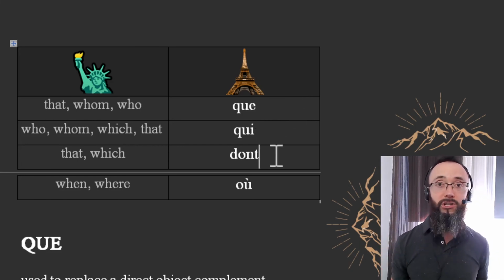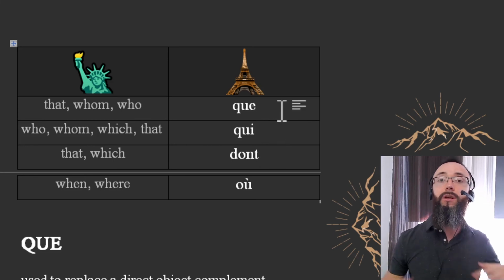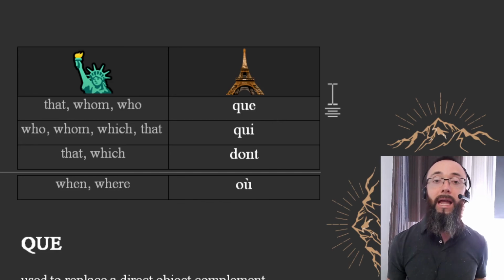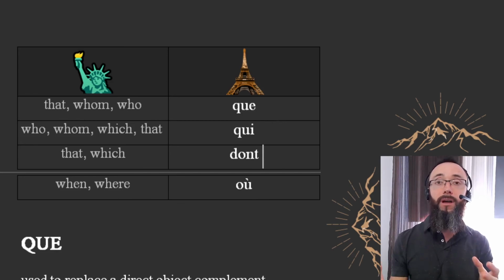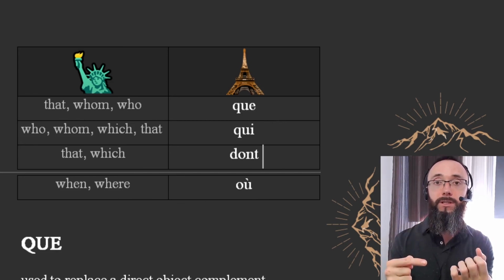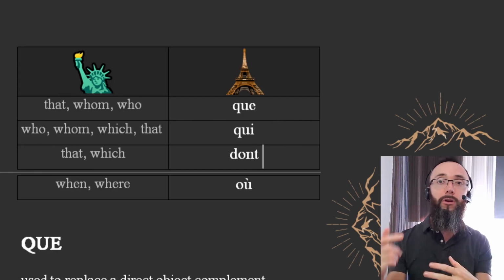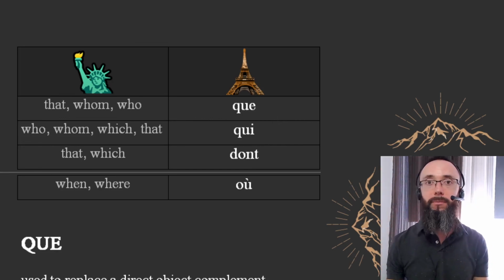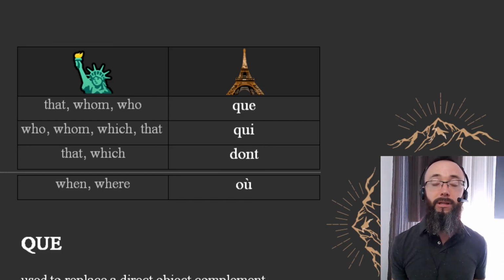Dont, you gotta watch out for dont because there are situations where you're going to want to use que, but no, you cannot use que. You need to use dont in the case where you have a verb that is followed by a preposition de. Je parle de, ding! Then you think, oh wow, it's not going to be que, it's going to be dont. Because, yeah, French grammar is that intricate sometimes.